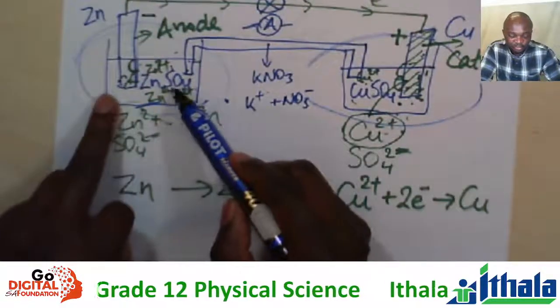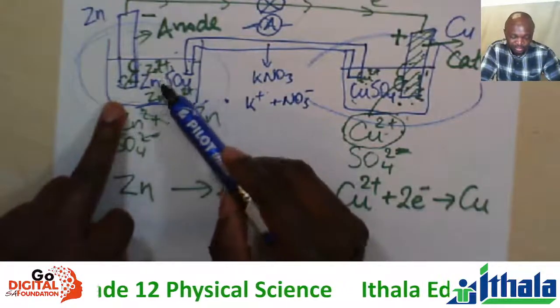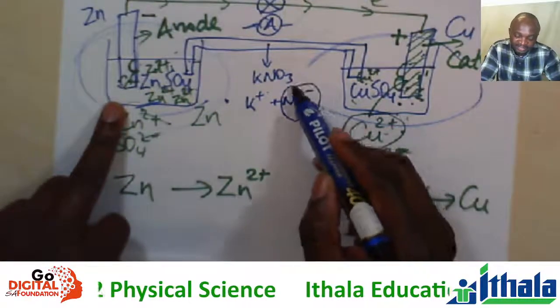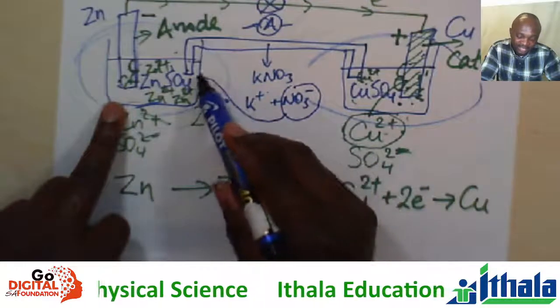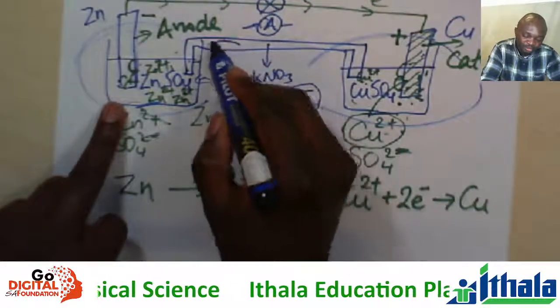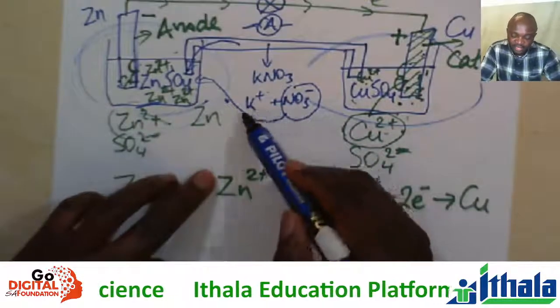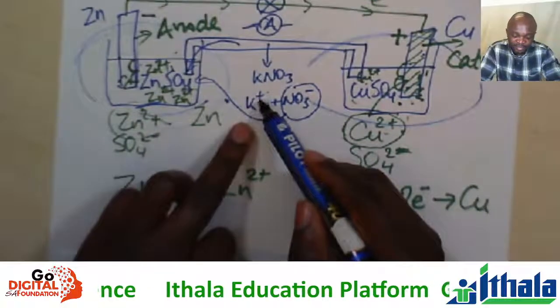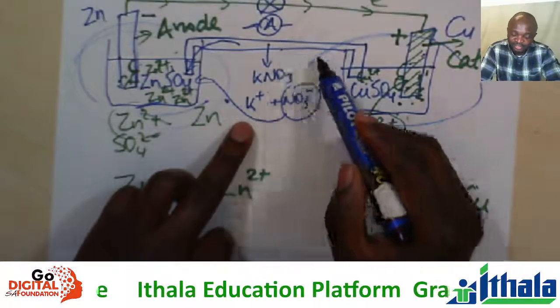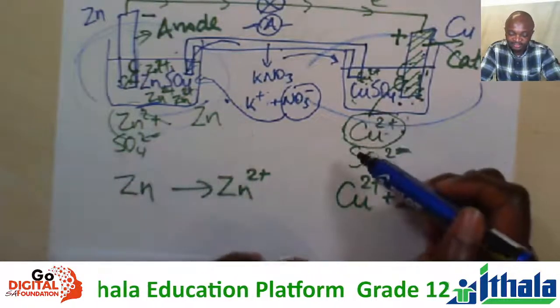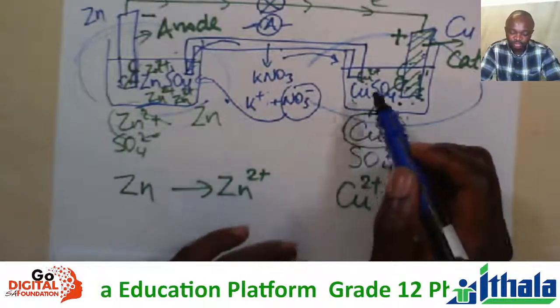Since the solution becomes positive due to the Zn2+ created, the NO3- will migrate from the salt bridge into it to maintain neutrality. The K+, the positive ion from the salt bridge, will move to the other solution because that solution is getting negative, right? That is the role of a salt bridge.